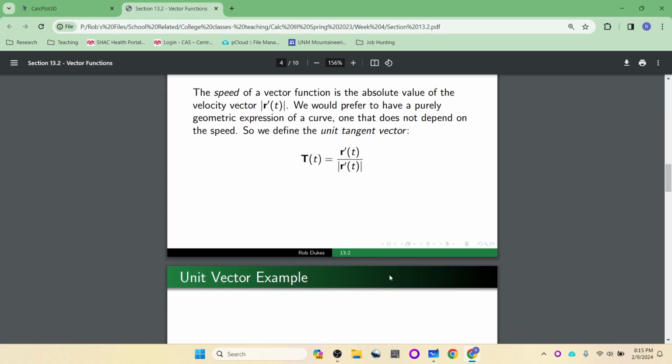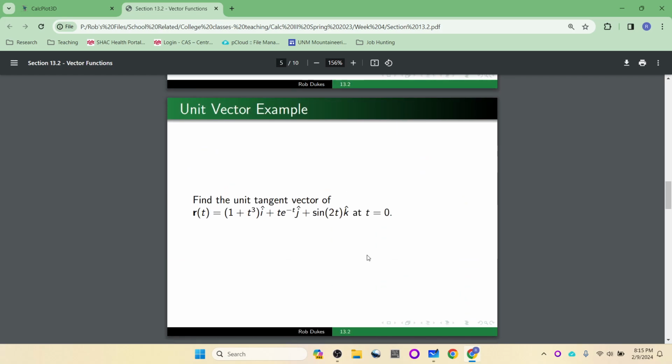So let's do some examples. Find the unit tangent vector of (1 plus t cubed) i plus te to the negative t j plus sine of 2t k at t equals 0. All right.